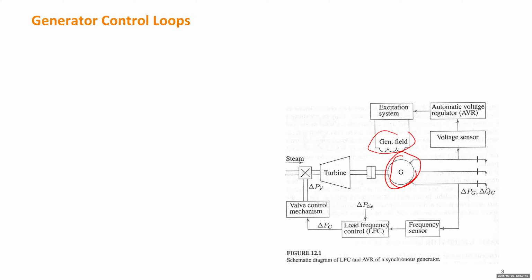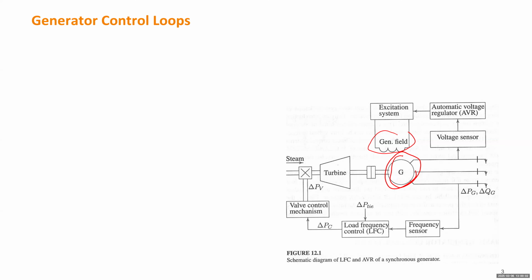In the synchronous generator modeling, we don't consider change in the field current. But here we're going to discuss how that can influence the voltage of the generator. That will be covered in the next session on voltage control.